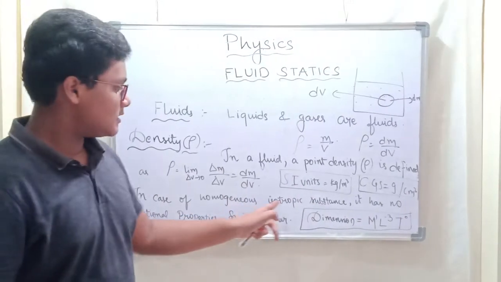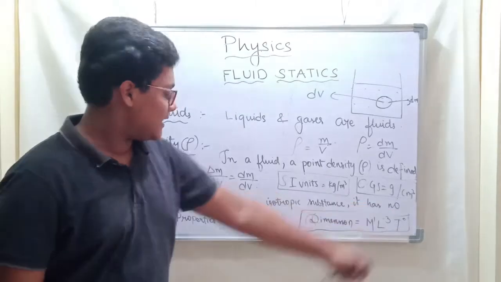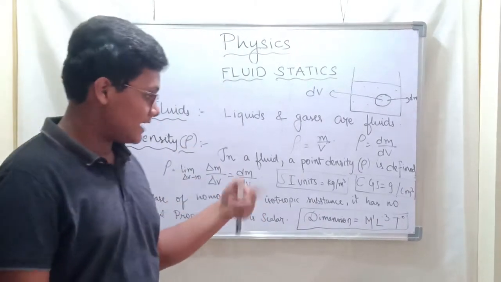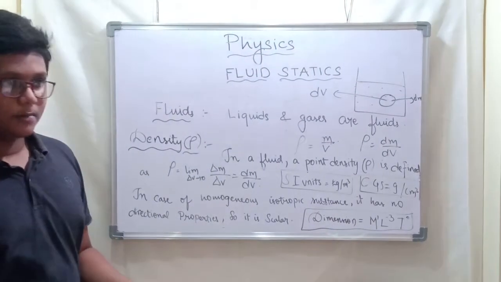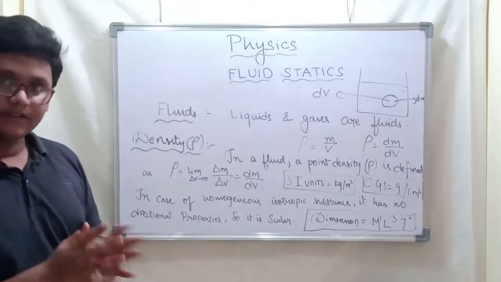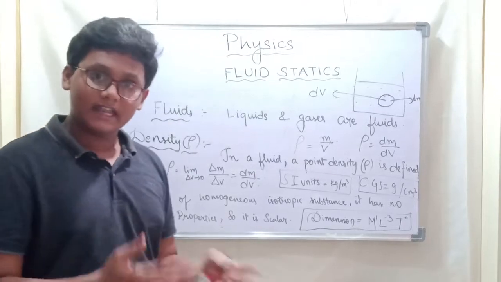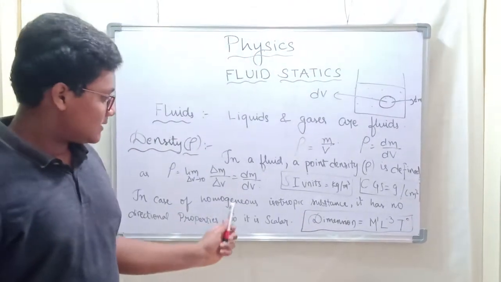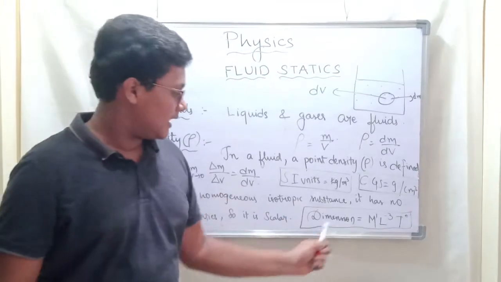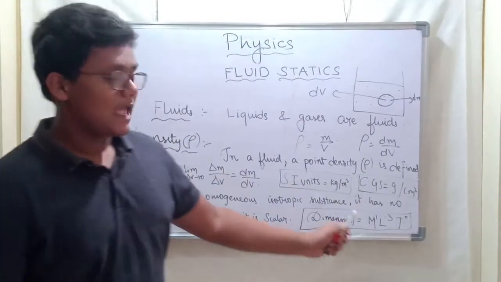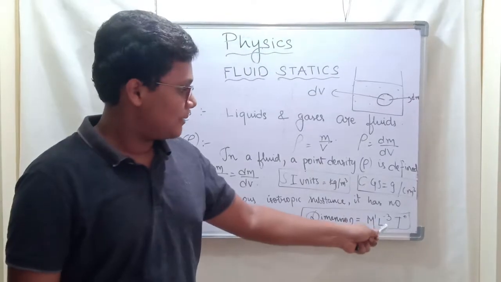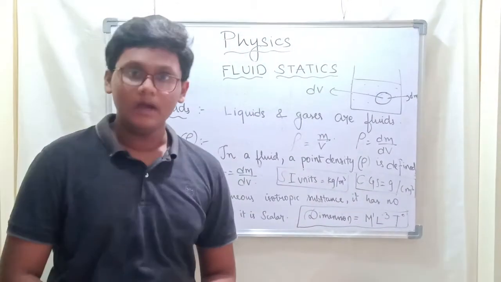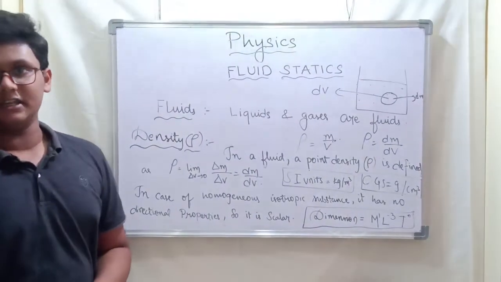It has no directional properties, so density is a scalar. It acts everywhere, but it doesn't act in a particular direction. The dimension of density is M power 1 L power minus 3 T power 0. The SI unit is kg per meter cube, and the CGS unit is gram per centimeter cube.